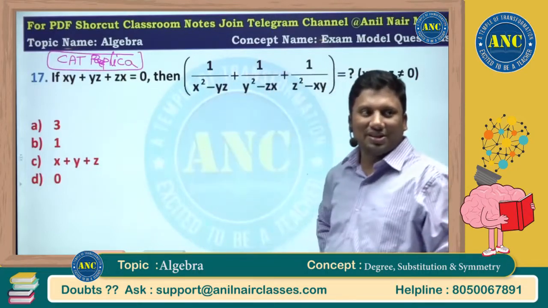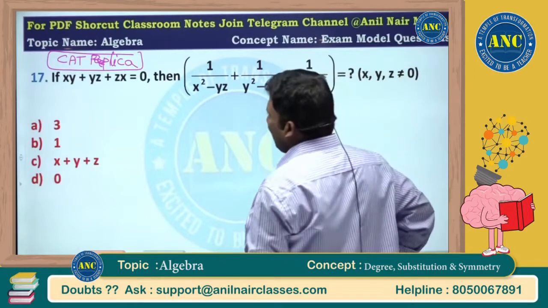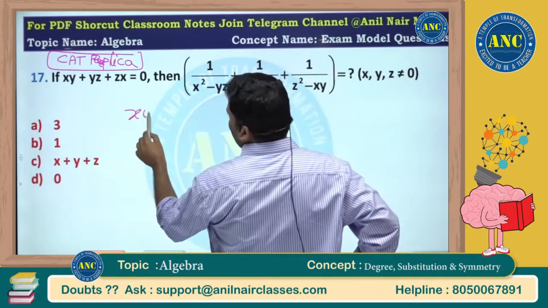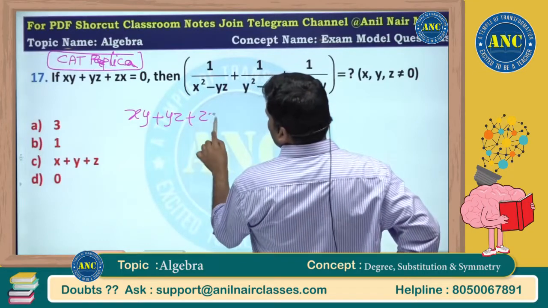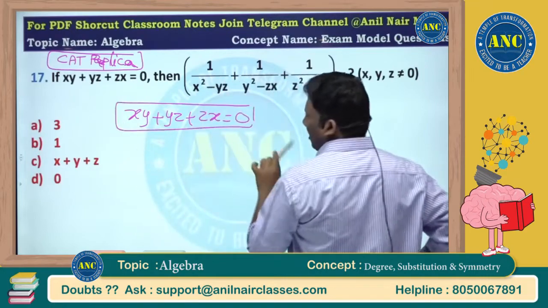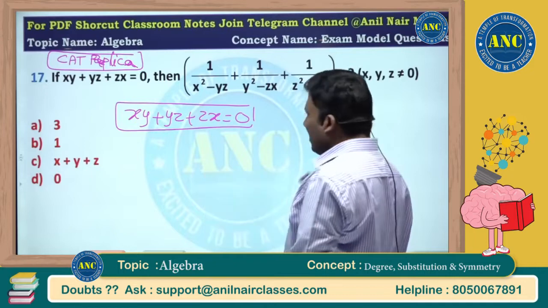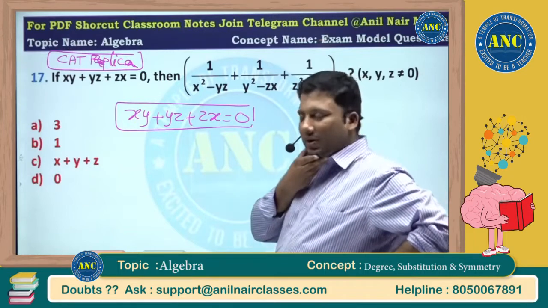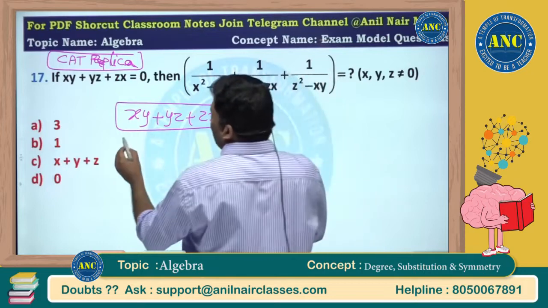Question is, if xy plus yz plus zx equivalent to 0. This is an equation given. This is method number 1.